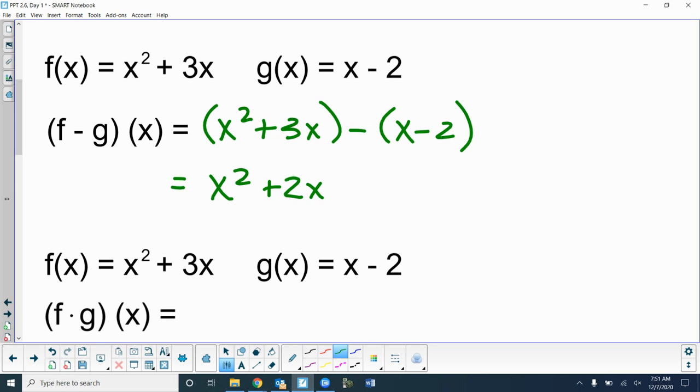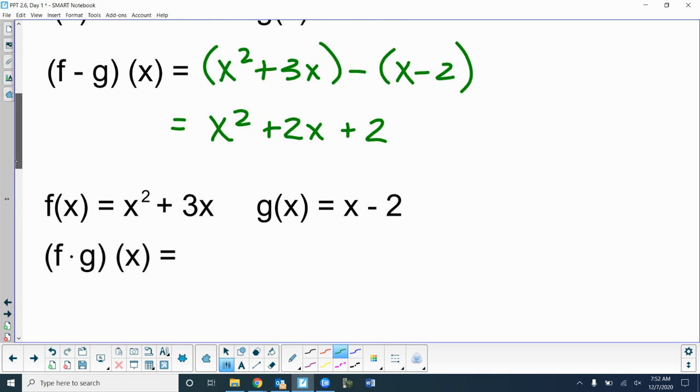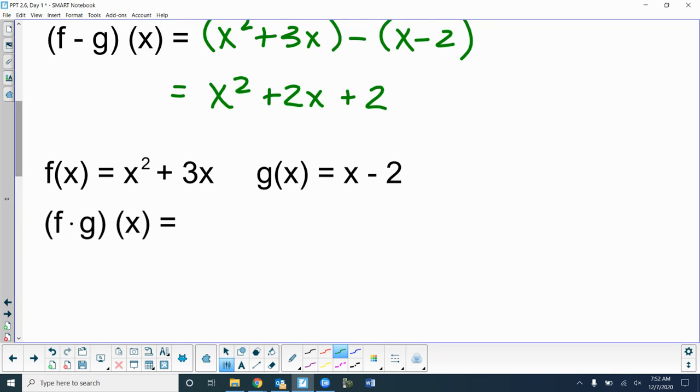That's where we might have made a mistake. It should be plus 2. Okay, you can get that part. So that's where sometimes we make a mistake. Okay, it's minus a negative there, so that's positive. Go ahead and try, again, it's the same 2. Try the multiplication one.